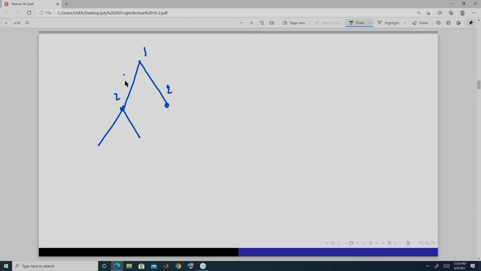So, for example, if we take another game like this, player 1, player 2, player 1's action set is L, R. The game ends here.